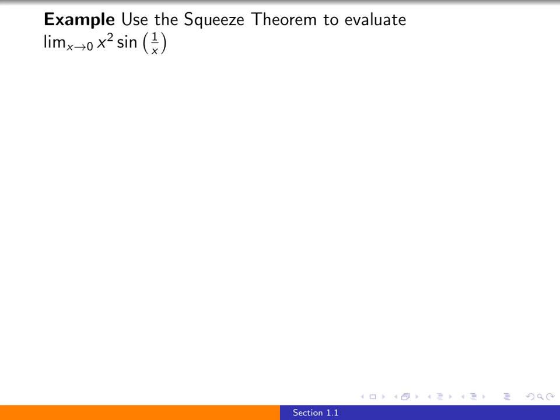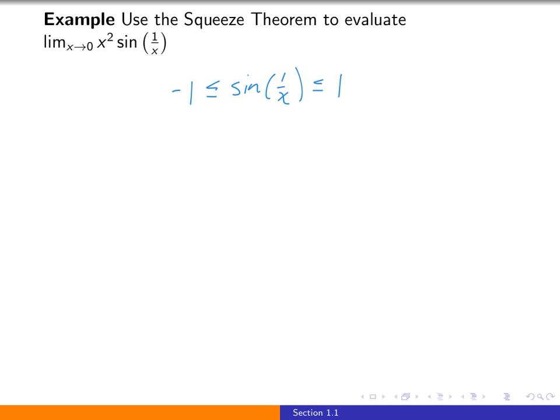Now, dealing with a function like sine is extremely convenient. When we discussed the basic properties of trig functions, we noted that the value of sine, regardless of the input, is always bigger than or equal to -1 and always less than or equal to 1. And we would like to build this up so that the function in the middle is x squared sine 1 over x.